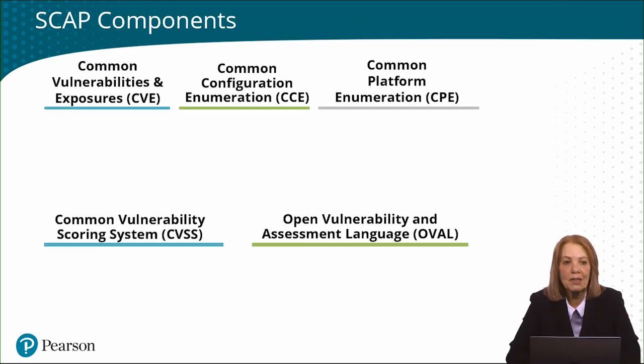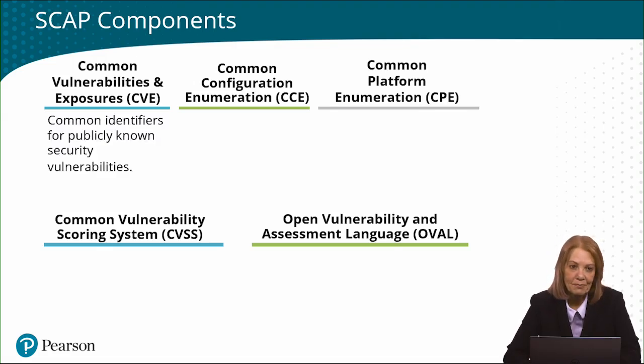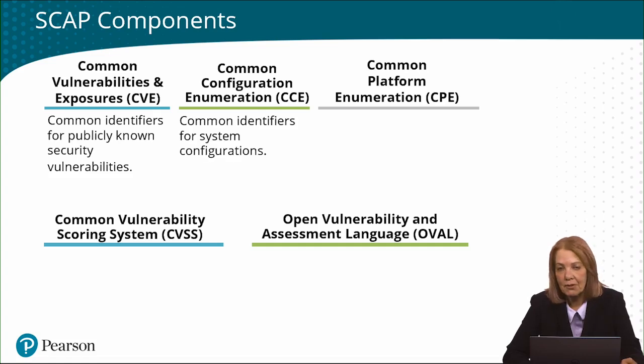So what are the components? Well, we have the Common Vulnerabilities and Exposures, CVEs, Common Configuration Enumerators, CCEs, the Common Platform Enumeration, CPE, the Common Vulnerability Scoring System, CVSS, and the Open Vulnerability and Assessment Language, or OVAL. The Common Vulnerabilities and Exposures Database is common identifiers for publicly known security vulnerabilities. The Common Configuration Enumeration is common identifiers for system configurations.